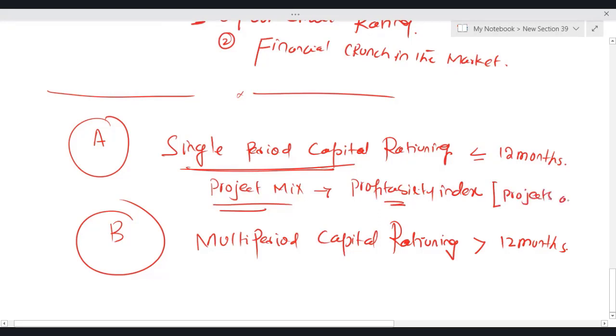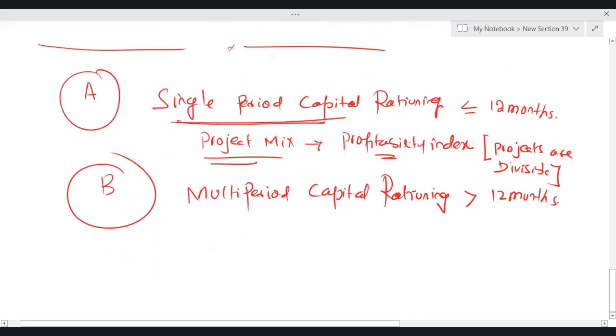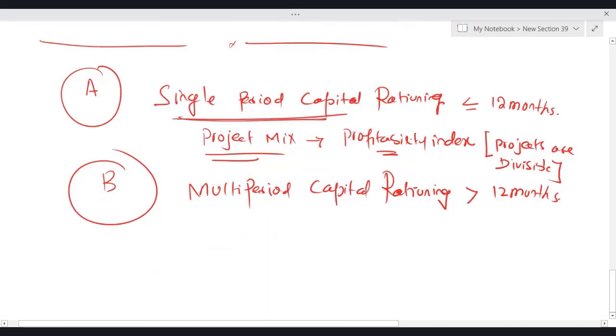If somebody asks you what about multi-period capital rationing, actually, in multi-period capital rationing, we do prepare project mix. But the technique we use in multi-period capital rationing is linear programming. But obviously, that is not in your syllabus.